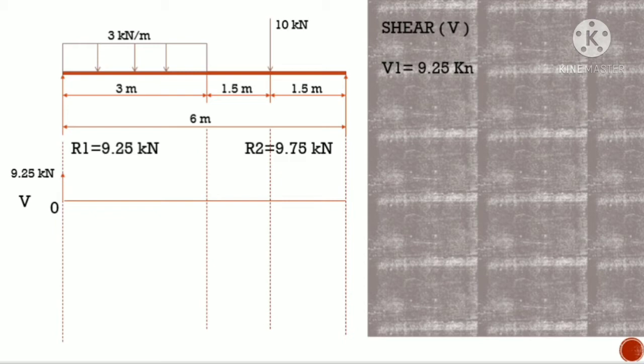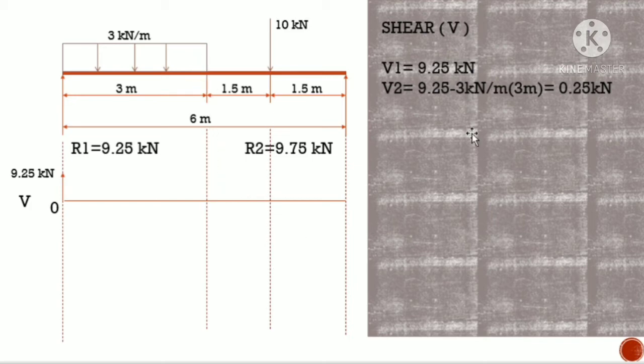So next is our V2. From 9.25, itong reaction 1, ang susunod na force is si 3 kilonewton per meter. Kung makita niyo yung mga broken lines, kasi ito yung mga dinadaanan ng mga forces.